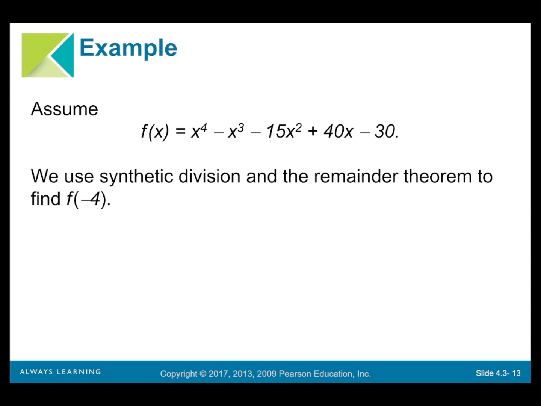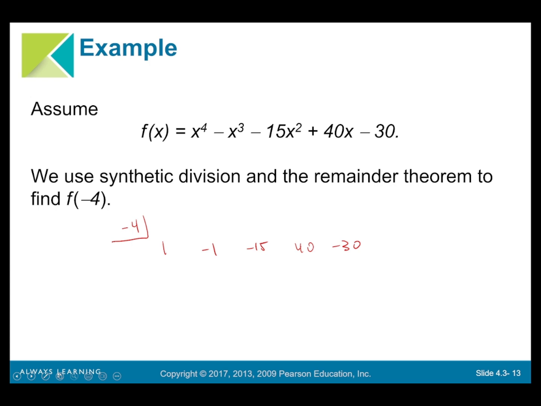So notice how we have perfectly descending exponents in this problem. We have an x to the 4 term, an x cubed, an x squared, an x, and a constant. So we're good to go there. Let's go ahead and start with our synthetic division algorithm. We write down all our coefficients, 1, negative 1, negative 15, 40, and negative 30. And we know negative 4 is what we're looking for.